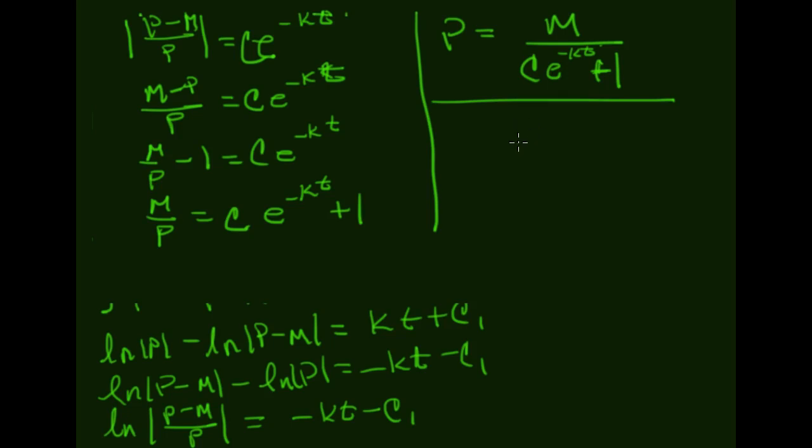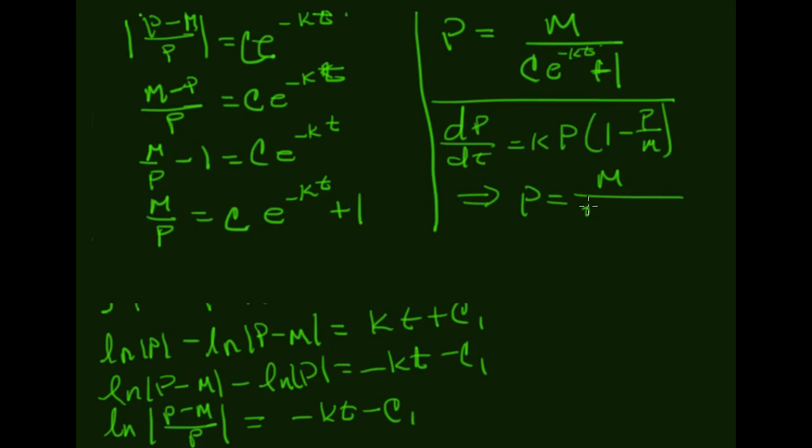The big idea is that if I start with logistic growth, so I start with dp/dt being k times p times 1 minus p over the carrying capacity, then this solves as p equals the carrying capacity over c times e to the negative kt plus 1.